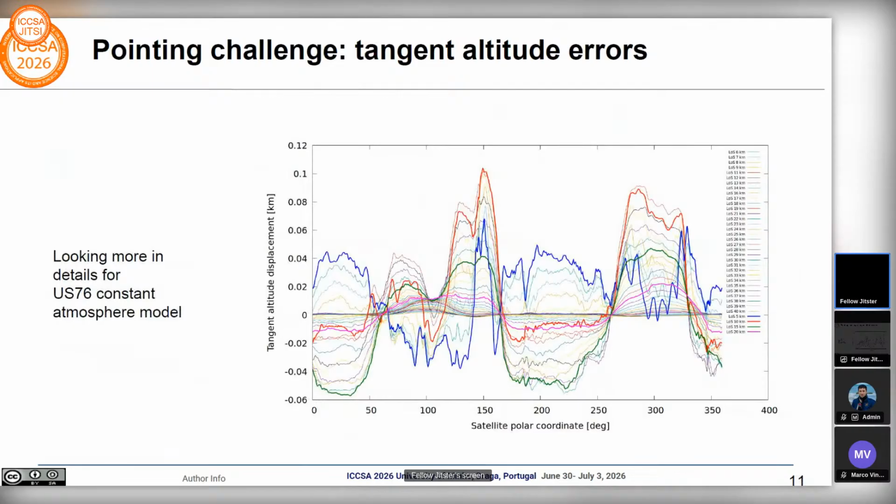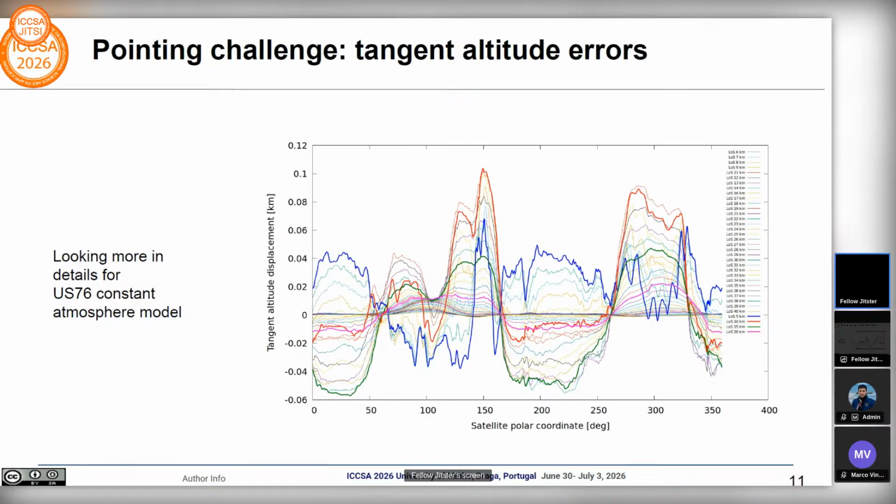Now we look in more detail at all the tangent altitudes below 40 kilometers. As we can see, the more we go into the troposphere part of the atmosphere, the more the tangent altitude displacement increases, because in this part of the atmosphere there is more atmospheric variability.